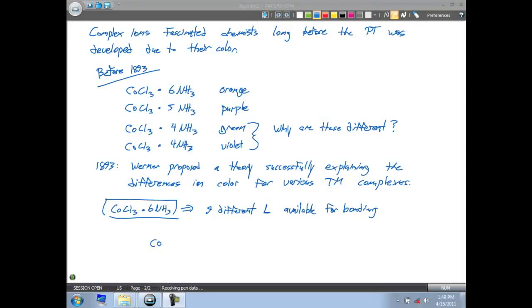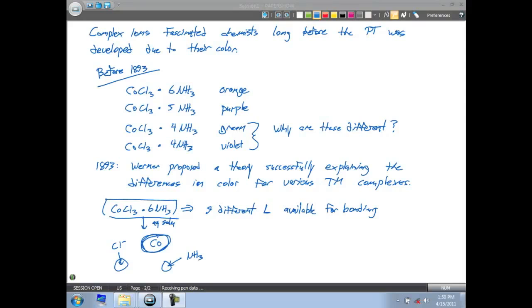Okay? So if I take this and dissolve this into an aqueous solution, what is going to be the identity of this cobalt complex ion, and what are the other spectator ions going to be? These ions in solution can either be Cl minus or they could be NH3.